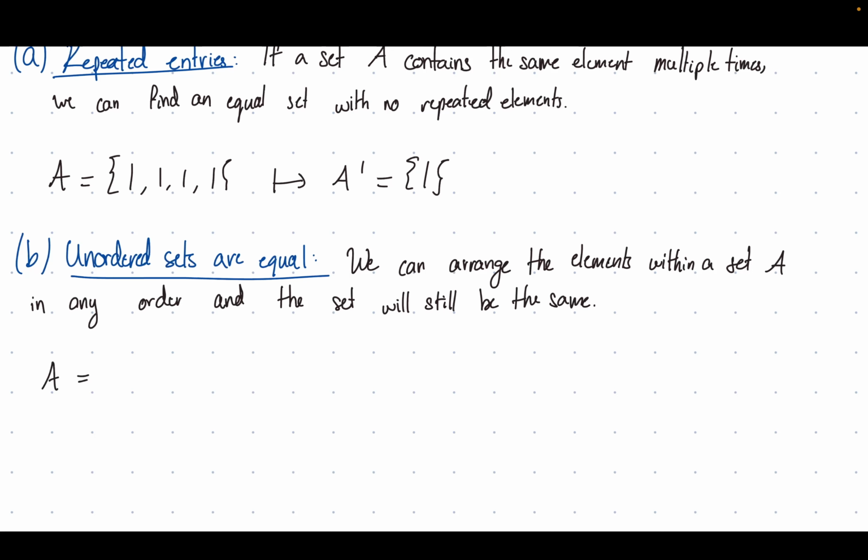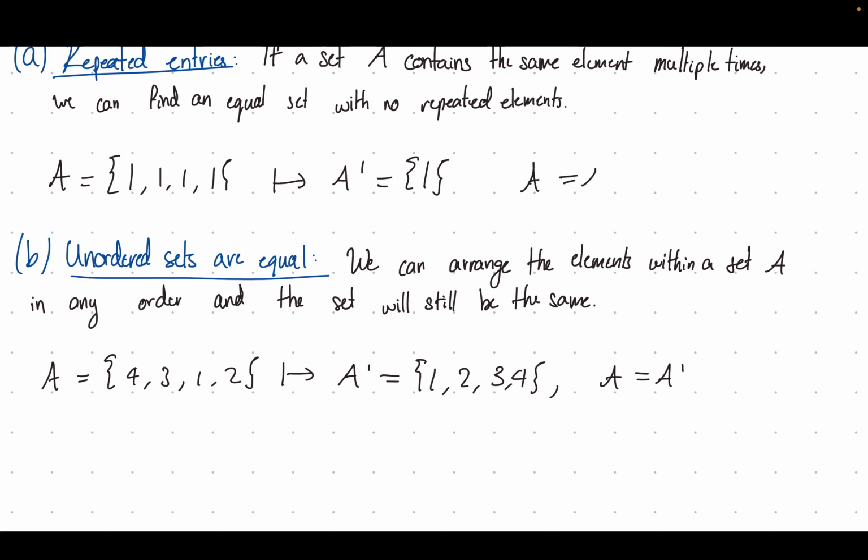So if we have something like A is equal to 4, 3, 1, 2, then we can find a corresponding set A prime, call it 1, 2, 3, 4, and it goes without saying that A is equal to A prime here as well. So what we're saying now is that if we find repeated entries, then we can just eliminate the repeated entries, and if we find unordered sets, then we can just order them.